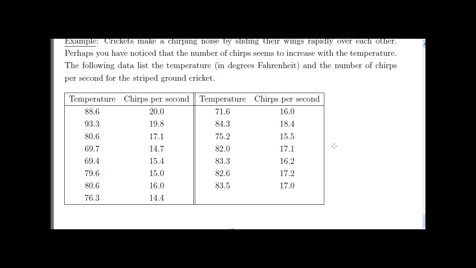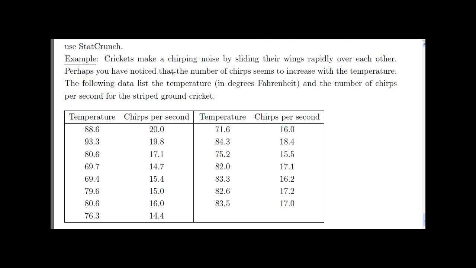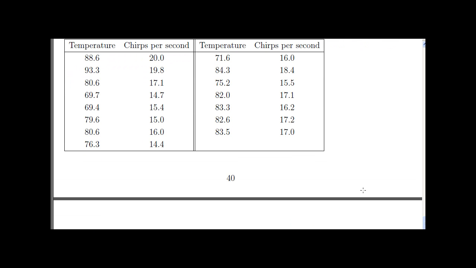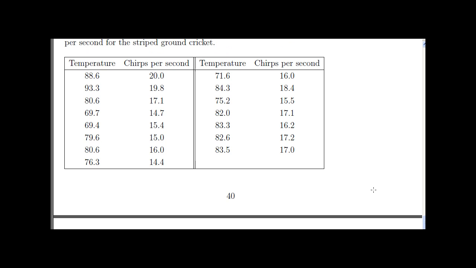Here's an example. It says crickets make a chirping sound by sliding their wings rapidly. Perhaps you've noticed that the number of chirps seems to increase with the temperature. The following data lists the temperature in degrees Fahrenheit and the number of chirps. So we have some data here, temperature and chirps. The first thing we'd want to figure out is what the explanatory variable is and what the response variable is.